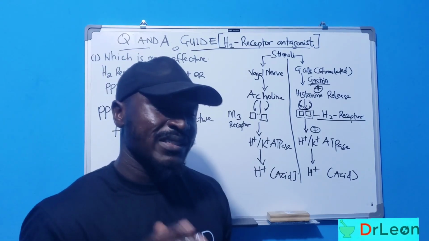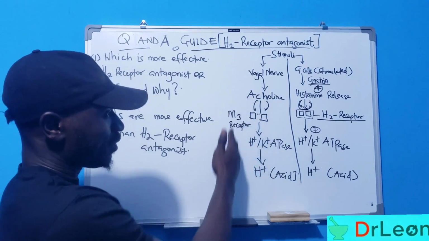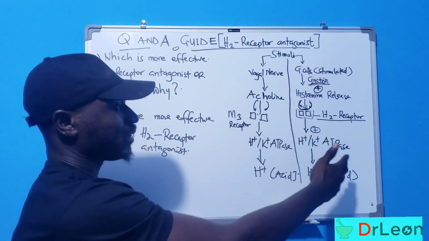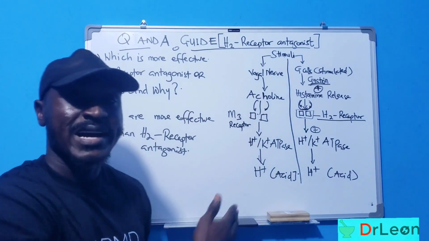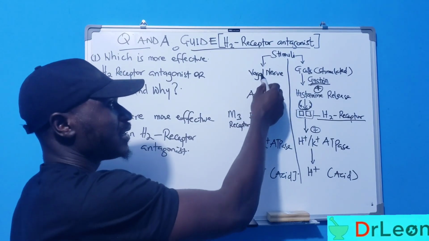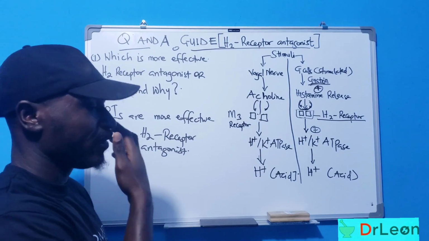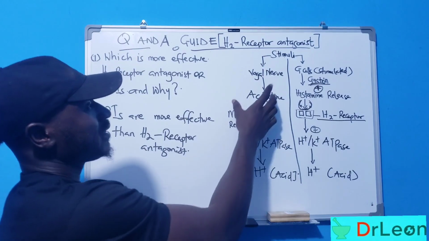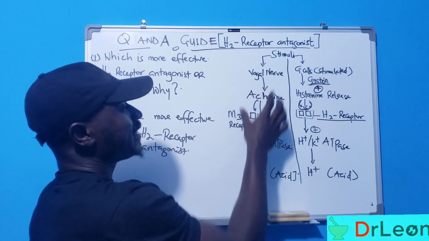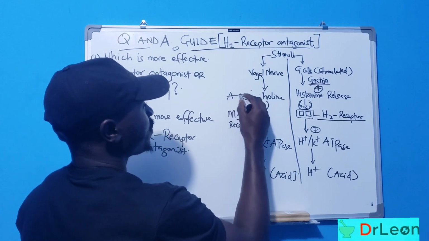So why are we saying they are less effective? Because aside from this pathway, there is another pathway where acid can be produced. The same stimuli will stimulate a nerve known as the vagal nerve, and this vagal nerve will lead to the production of acetylcholine.